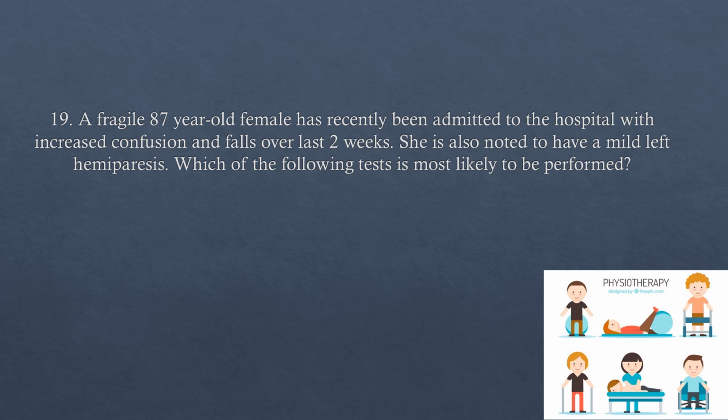Question number 19. A fragile 87-year-old female has recently been admitted to the hospital with increased confusion and falls over the last 2 weeks. She is also noted to have a mild left hemiparesis. Which of the following tests is most likely to be performed? A. FBC.